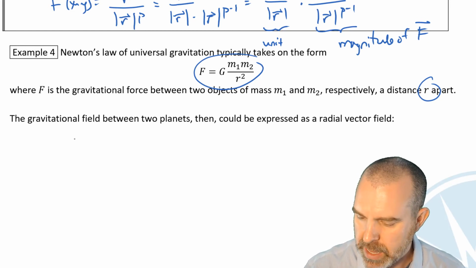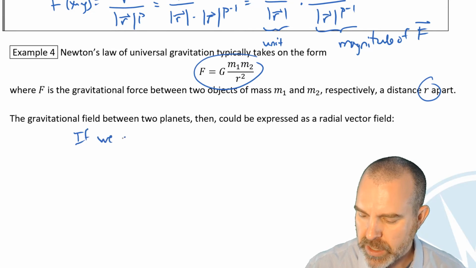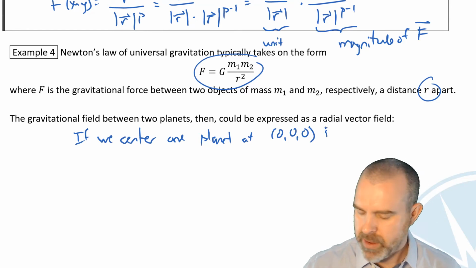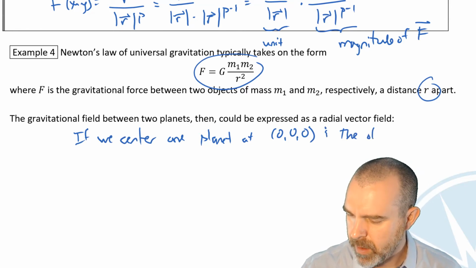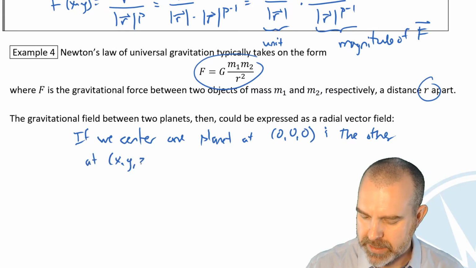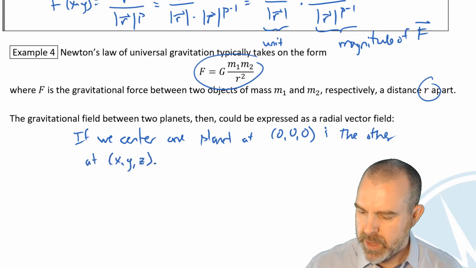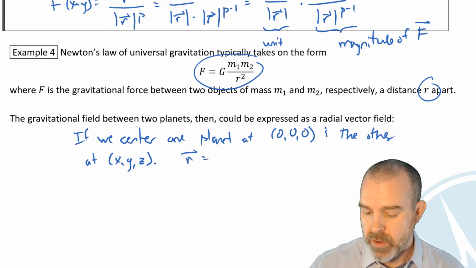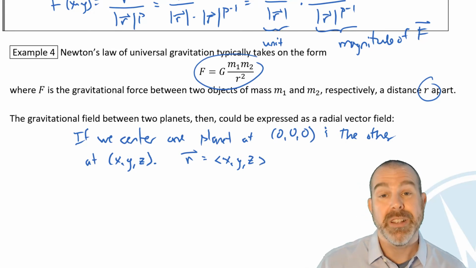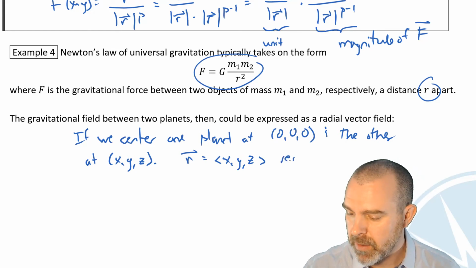So what you can do is we'll just center one planet at the origin, and the other at some point x, y, z. So then r equal to x, y, z represents the position of the second.